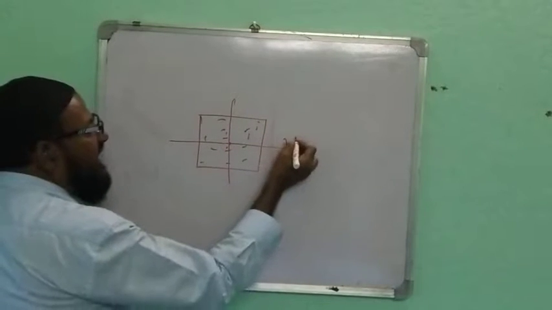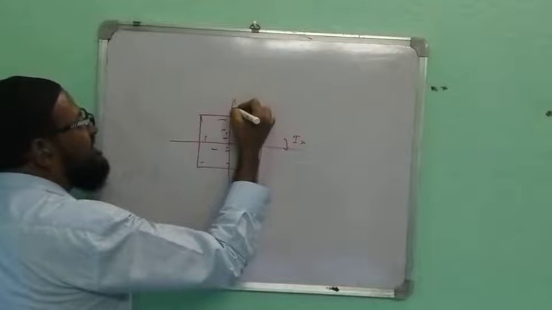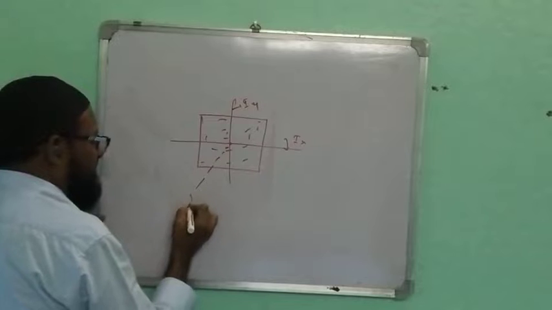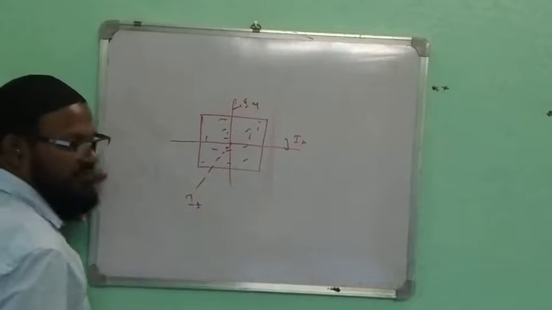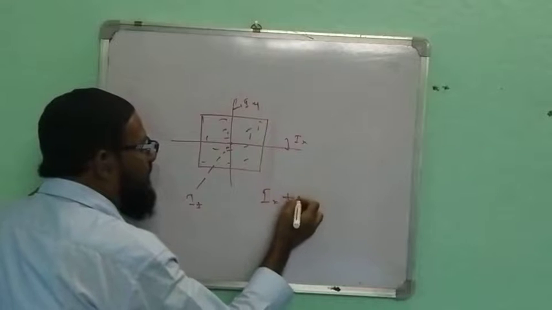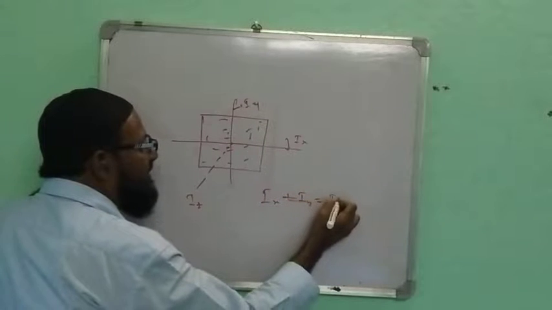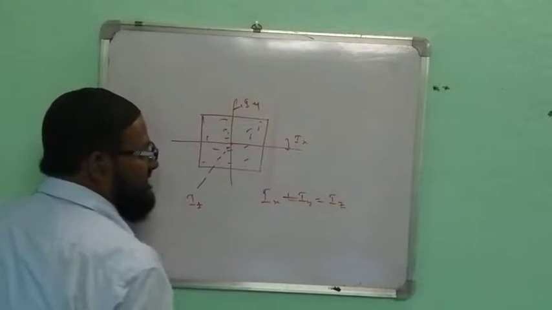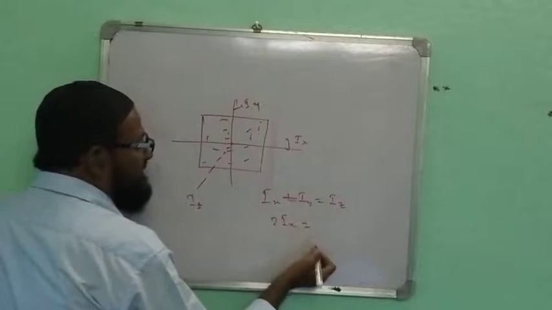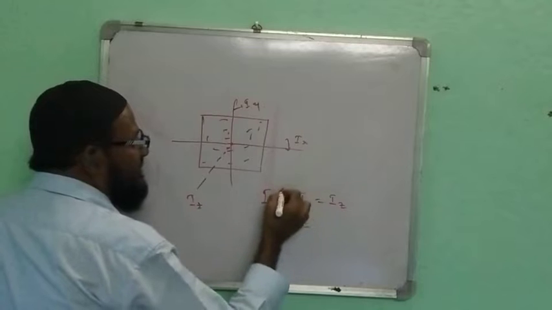This is Ix, this is Iy, and this is Iz. What is the first theorem? Ix plus Iy equals Iz. Is it clear? Here Ix equals Iy.